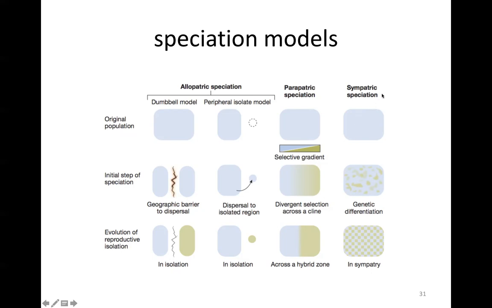And in sympatric speciation, you have the original population with no boundaries, no gradient either.